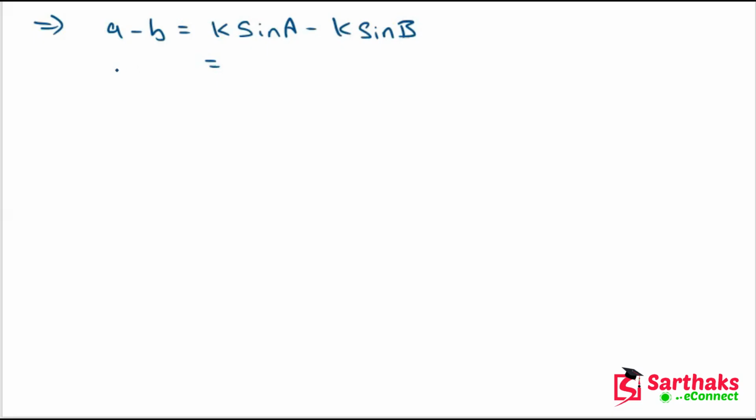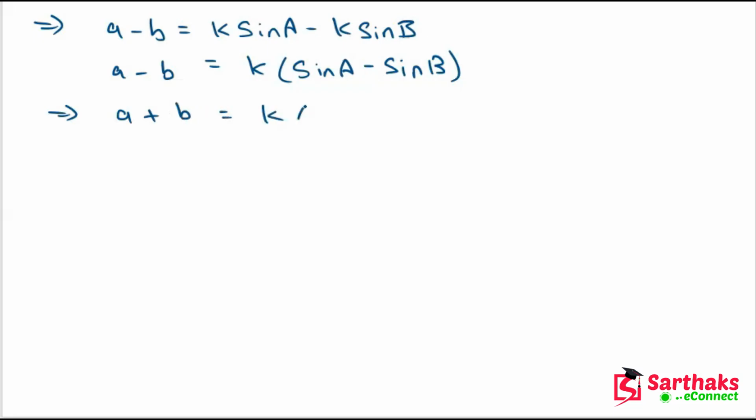Then it will become a minus b equals k, which is common, times (sine a minus sine b). Similarly, when we add these equations, we get k(sine a plus sine b). My dear friends, I hope you understand these things.